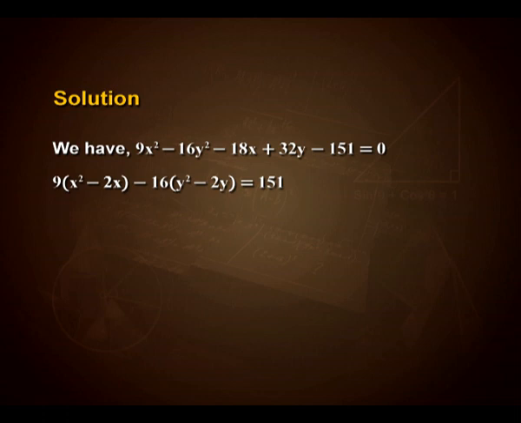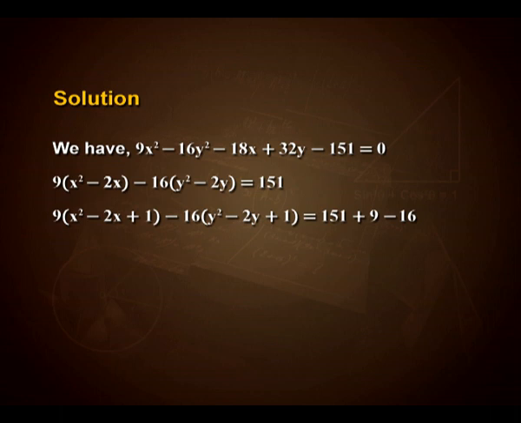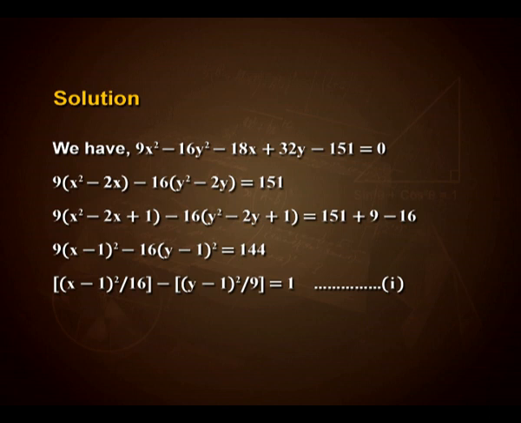This can be written again as 9 into (x square minus 2x plus 1) minus 16 into (y square minus 2y plus 1) is equal to 151 plus 9 minus 16, which can be further simplified as 9 into (x minus 1) square minus 16 into (y minus 1) whole square is equal to 144, which can be expressed as (x minus 1) whole square upon 16 minus (y minus 1) whole square upon 9 is equal to 1. Take this as equation number 1.